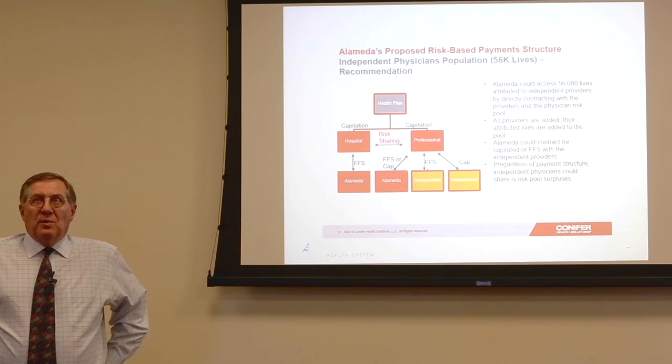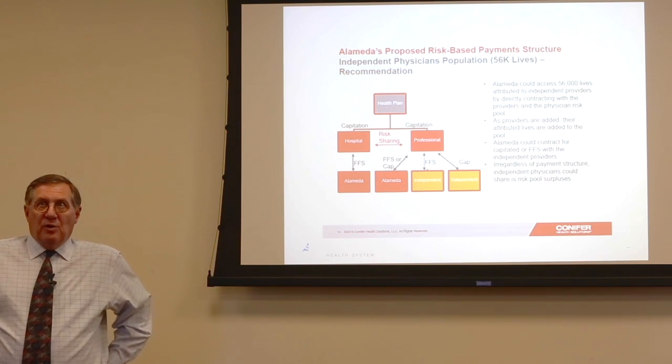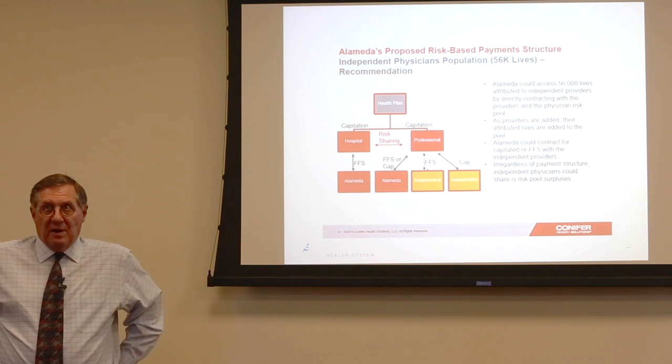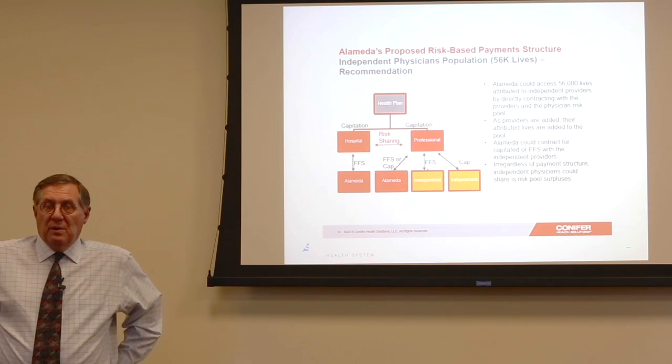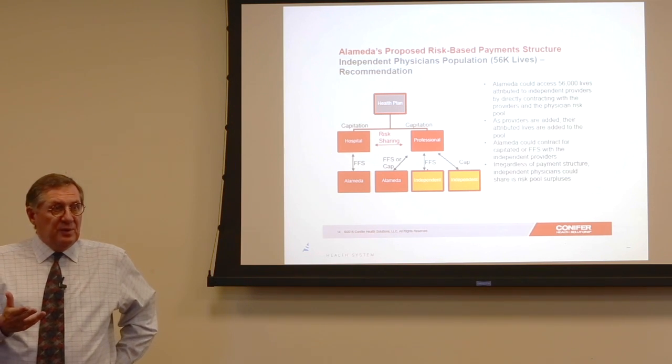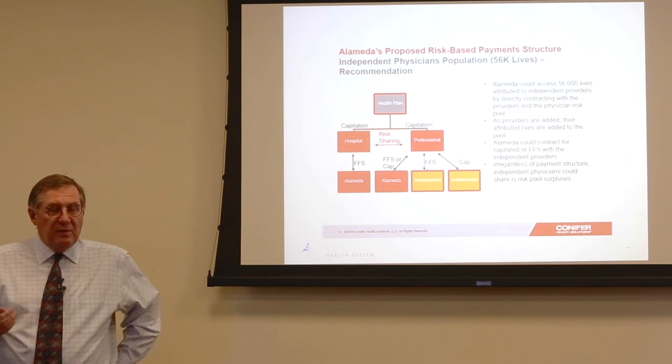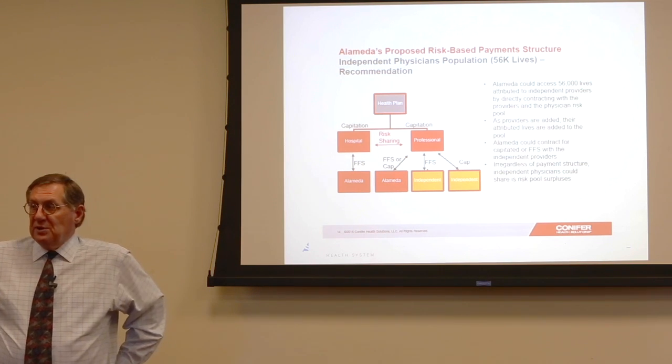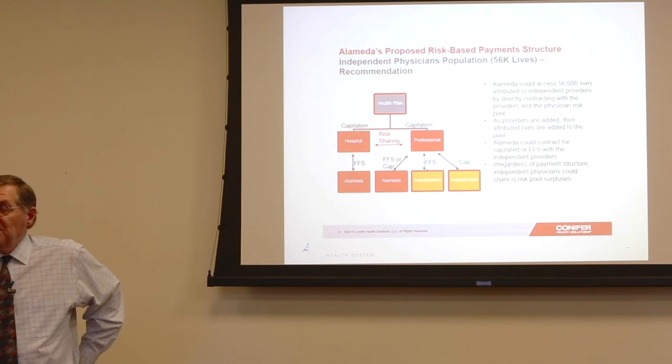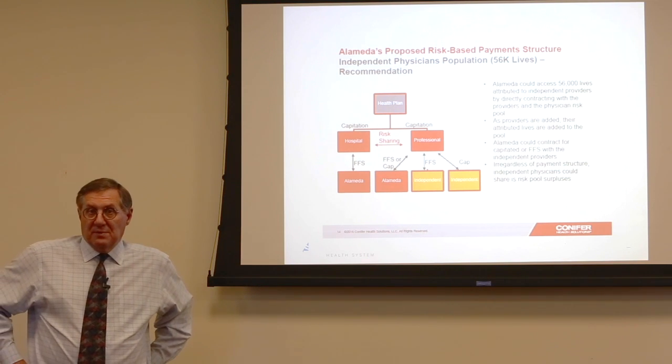So what generally happens is the health plan says to the doctors, we're going to pay you a cap rate, a certain amount of money per member per month, to provide professional services, but then we're going to give you some incentives, okay?